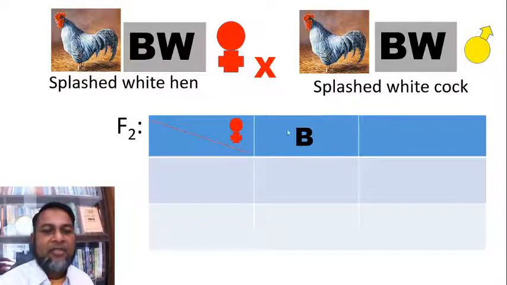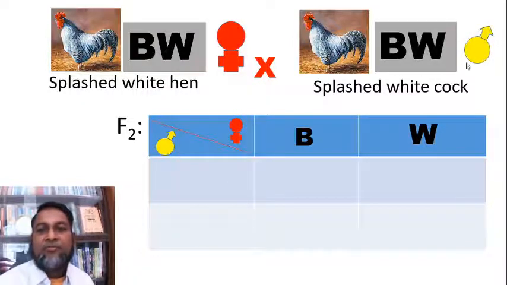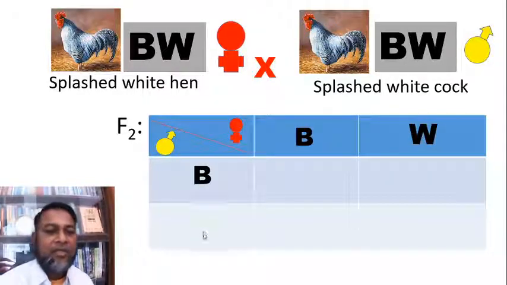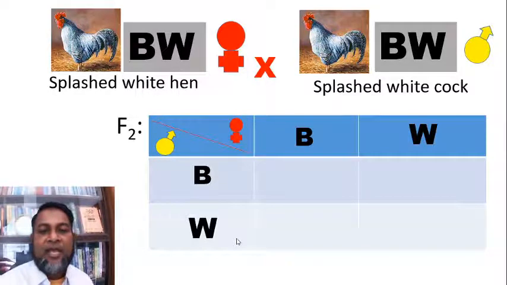One gamete has B, another gamete has W. In the case of male gametes, from BW, one gamete has B and another gamete has W.